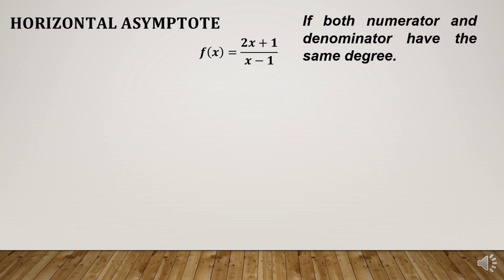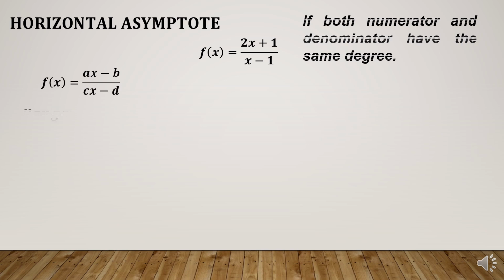To find the horizontal asymptote of the given rational function, f of x is equal to (2x plus 1) all over (x minus 1), recall how we get the range of a rational function if both numerator and denominator have the same degree.